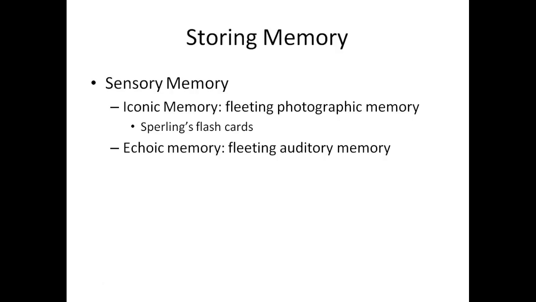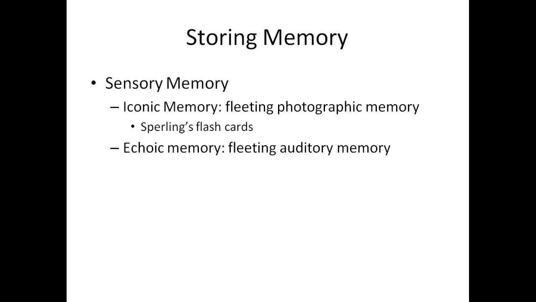So there is sensory memory, which we talked about in 7.1, and sensory memory is where you are retaining the information from your senses. So we have iconic and echoic, I always say that wrong, I apologize, memory. Iconic memory is, think about iconic eyes.